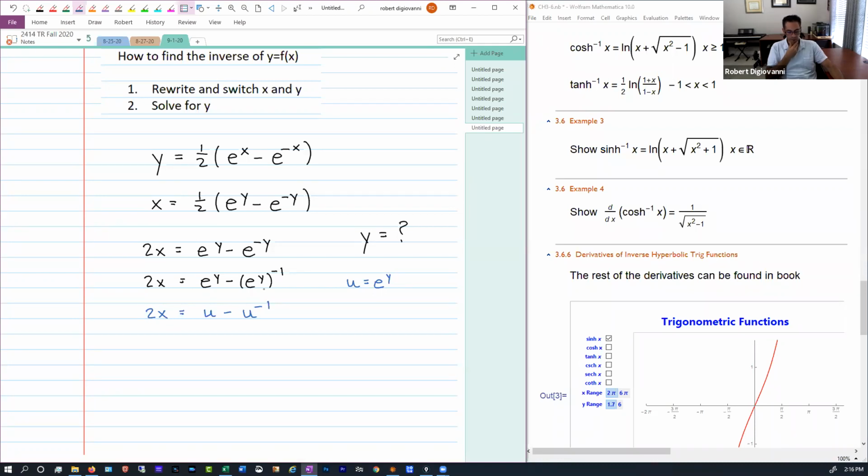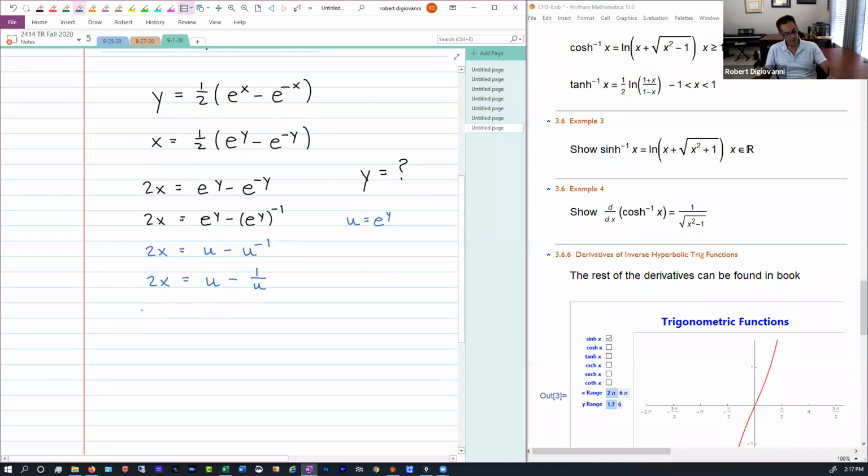all correct. I think it's probably easier for everyone to see if you replace that u to the negative 1 with 1 over u, and then just multiply both sides of the equation by u. If we multiply both sides by u, we get this.